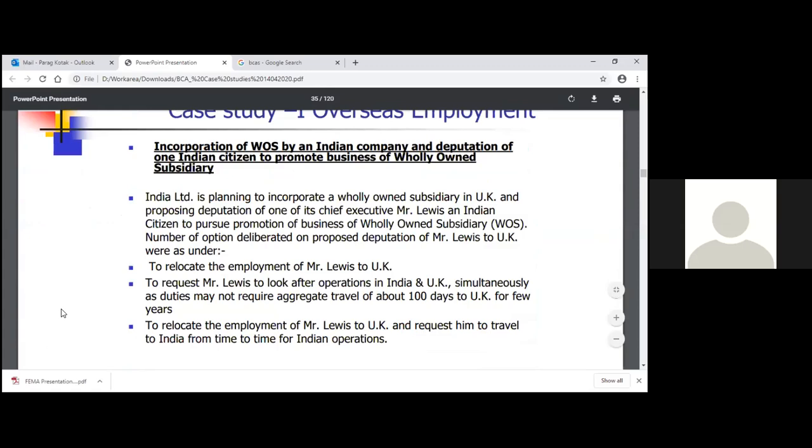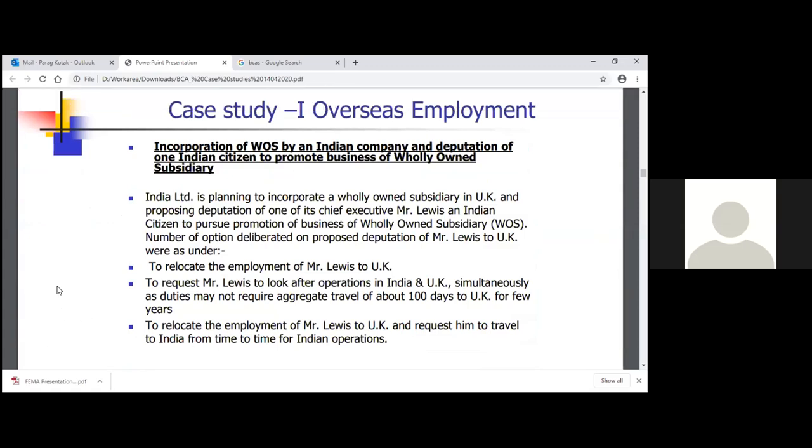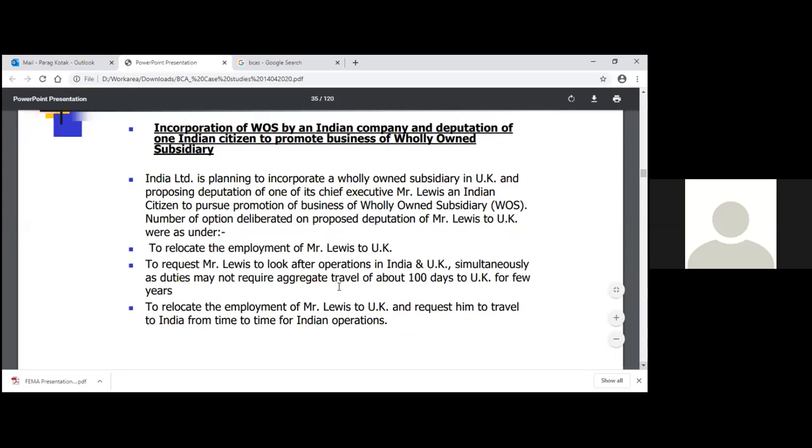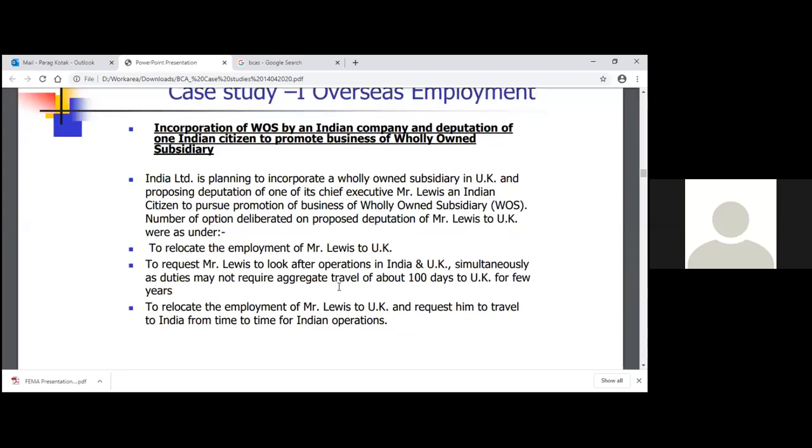This is a case study where Mr. Lewis, who is an Indian citizen, is required to pursue his deputation to the UK. He is a managing director or chief executive of an Indian company. The Indian company has a business on a global basis, and therefore the Indian company is considering whether Mr. Lewis can be relocated to the UK.